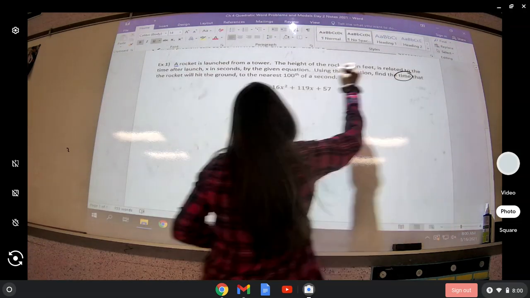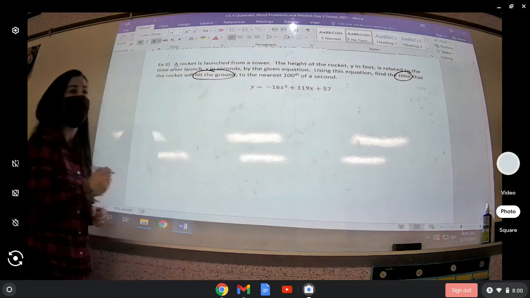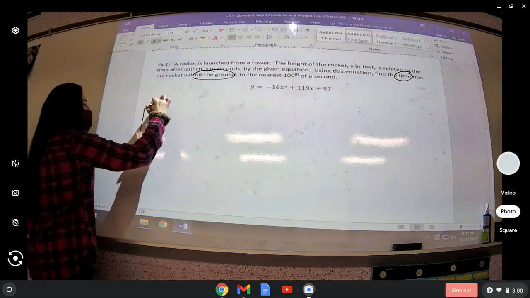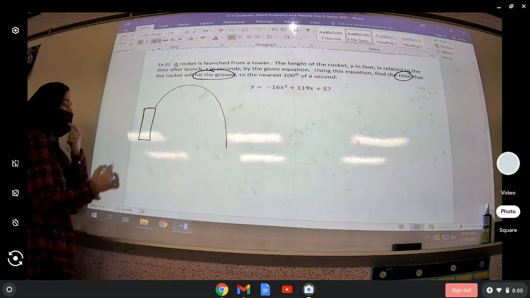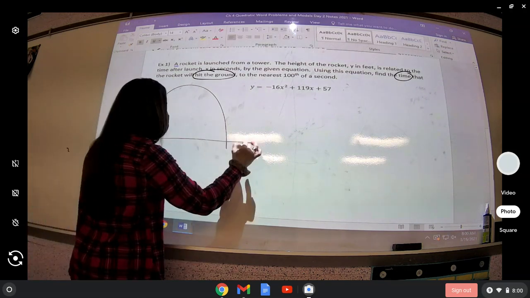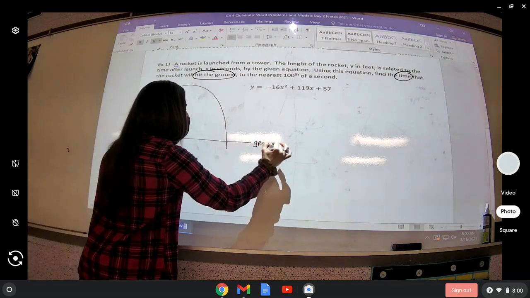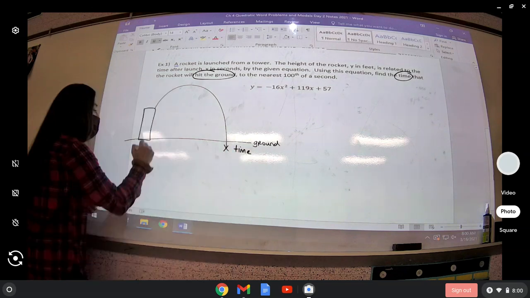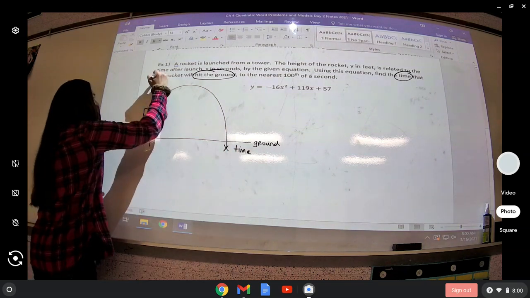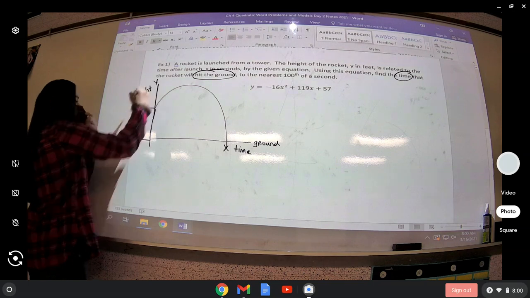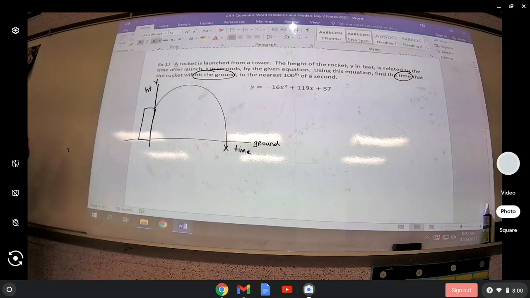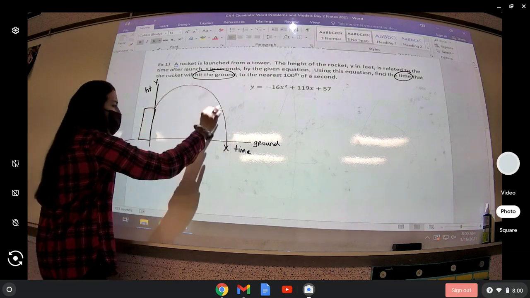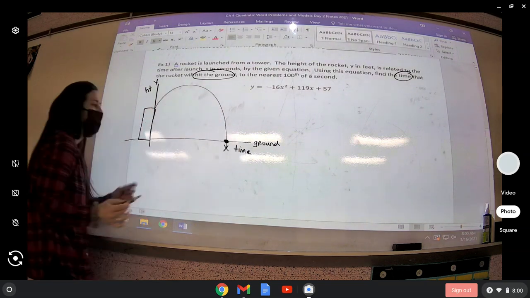So we're finding the time that the rocket hits the ground. Just to give you a visual, you have a tower, the rocket was launched, and then it comes down. So let the x-axis be the ground, and your x's will represent time. And then let the y-axis represent your height, okay?